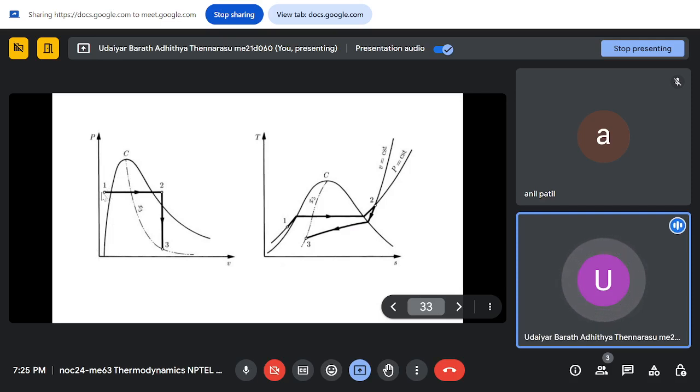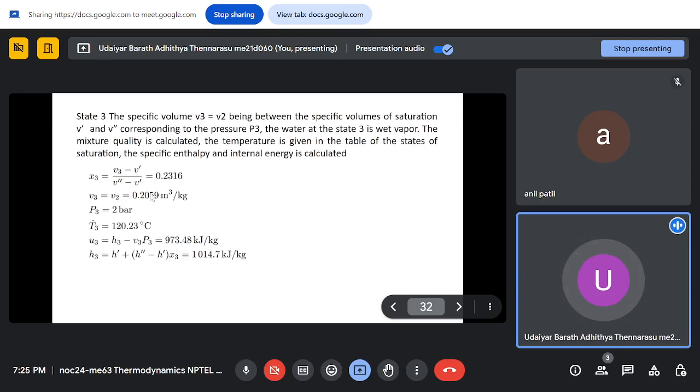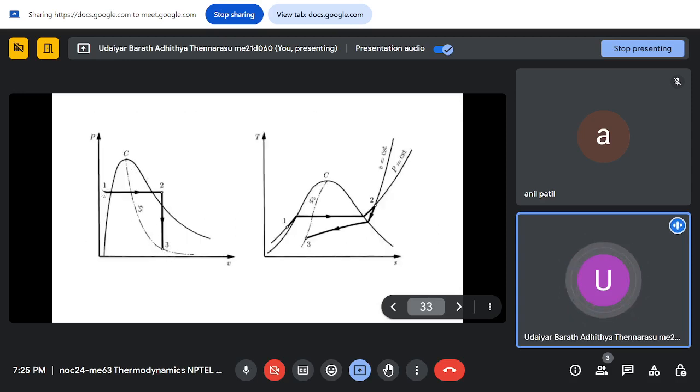From there you go through a constant pressure process to state 2. You see this state 2 is lying in a superheated state, and then from 2 you come down at constant volume to state 3, corresponding to this quality X3, which we found as 0.2316. So this is how the process will look in a PV diagram.